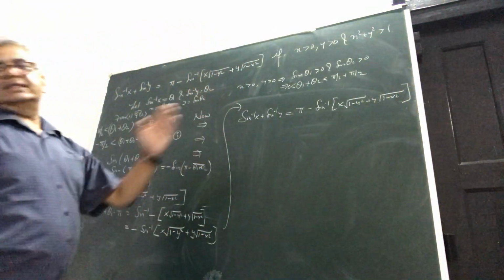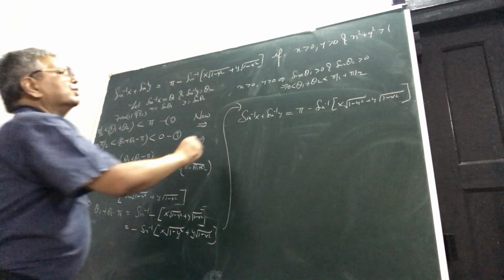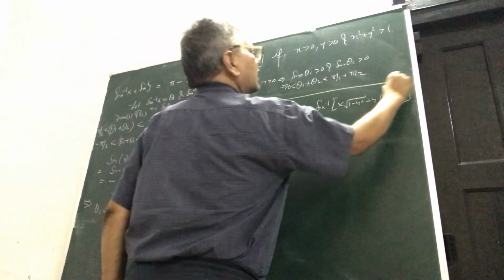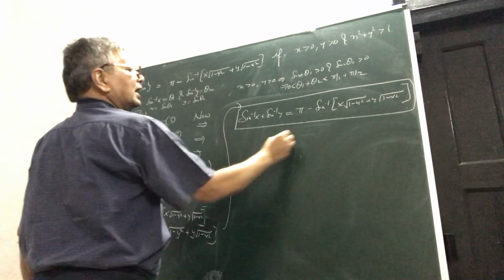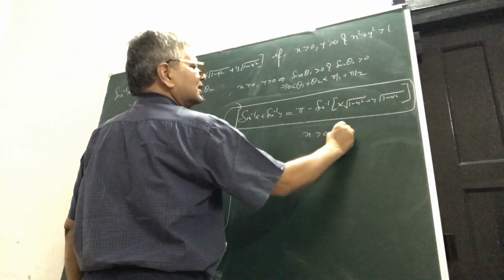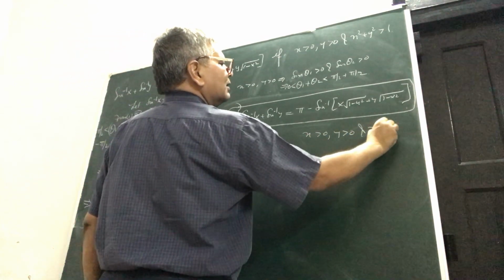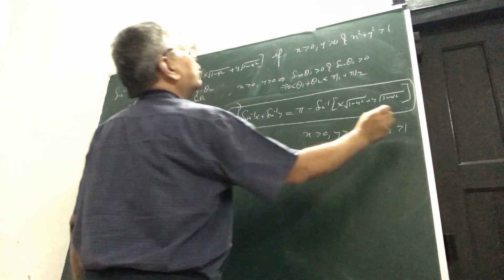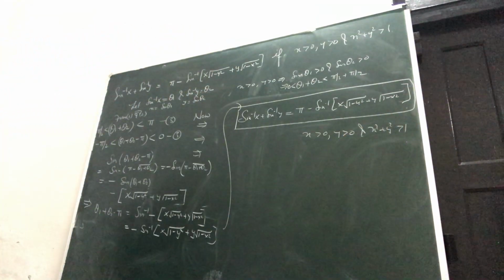This is the result which we wanted to prove, under the condition that x is greater than 0, y is greater than 0, and x square plus y square is greater than 1.